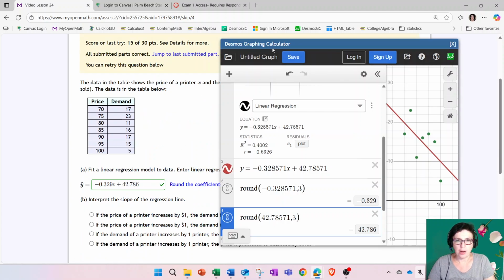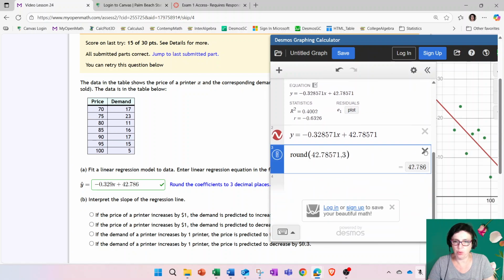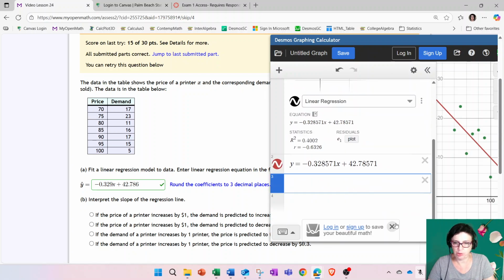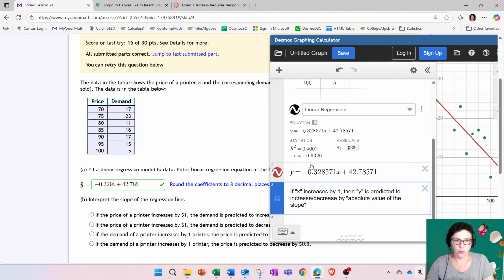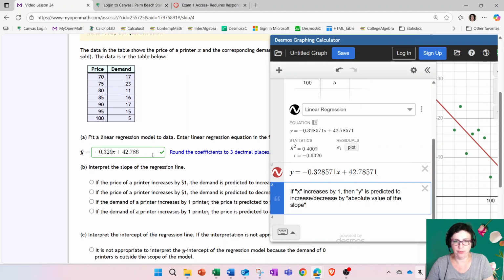Okay, now in terms of the interpretation of the slope and the intercept. So for the slope, we're gonna say if x increases by 1, then y is predicted to either increase or decrease by, and then we put absolute value of the slope. Okay, so what is that going to sound like for us?